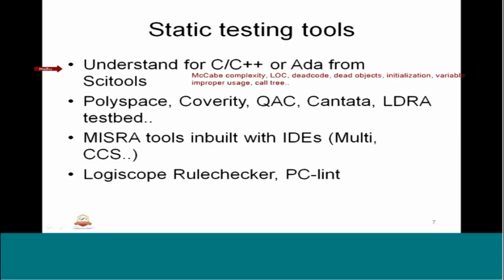Similarly, we have a tool like Polyspace. It has its own advantages and disadvantages. They use it in the automotive industry. Similarly, we have Coverity for inspection, reviews, and static analysis. We have QA-C, Cantata. Then we have LDRA Testbed. Some of these tools like LDRA or RTRT can also be used for unit testing, where it does the instrumentation.